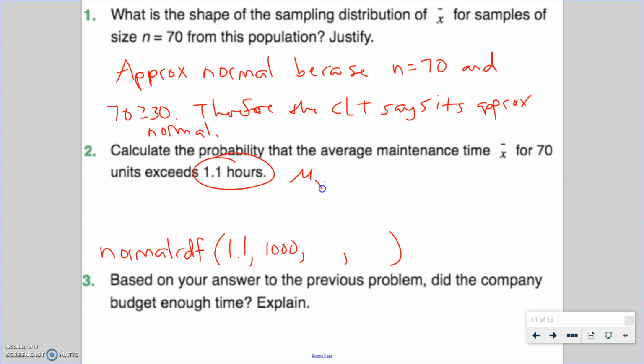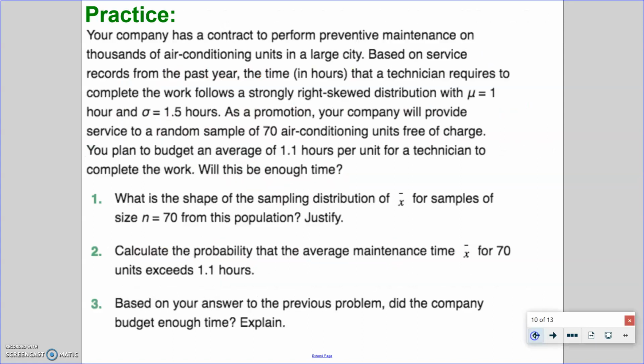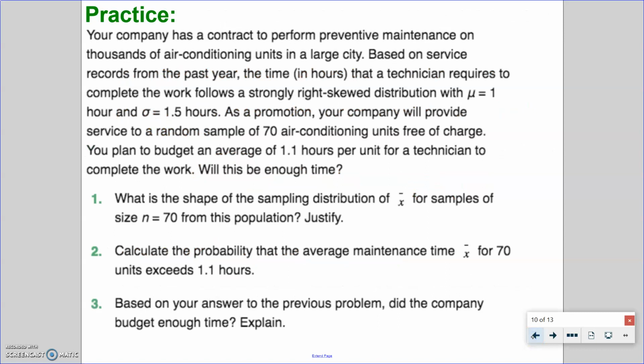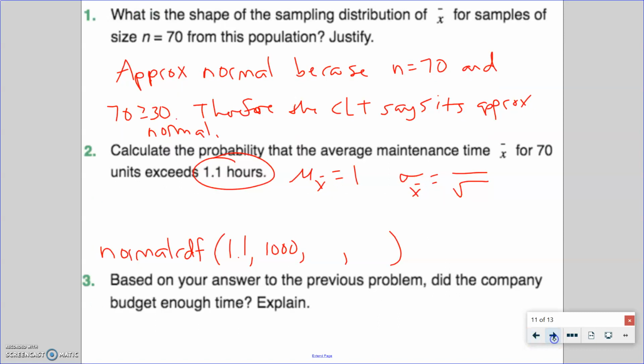Well, the mean, remember, is just the mean of the population, which they gave us as 1. And then the standard deviation is the population standard deviation divided by the square root of the sample size. The sample is 70, and the standard deviation was 1.5. So I type the square root of 70 first, and then I do 1.5 divided by that answer.